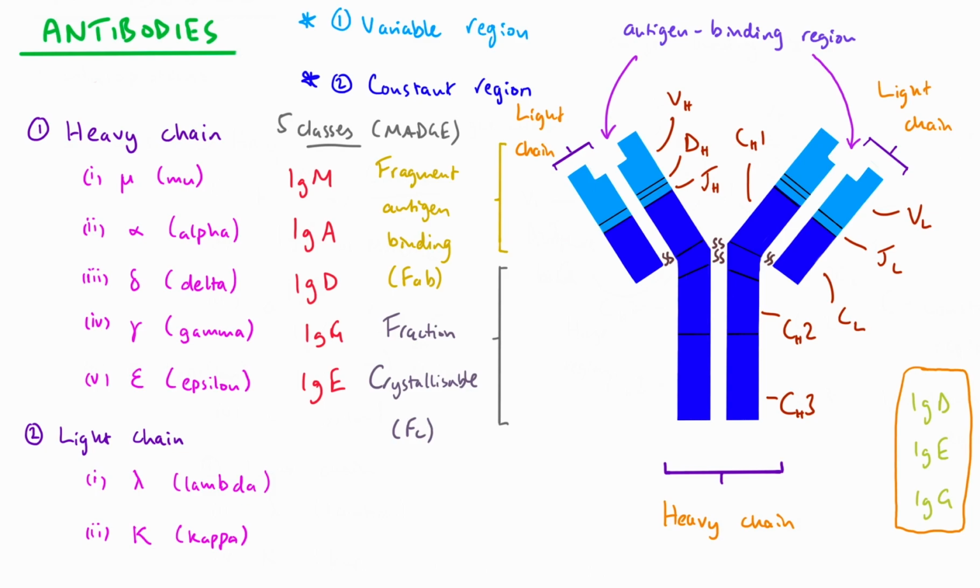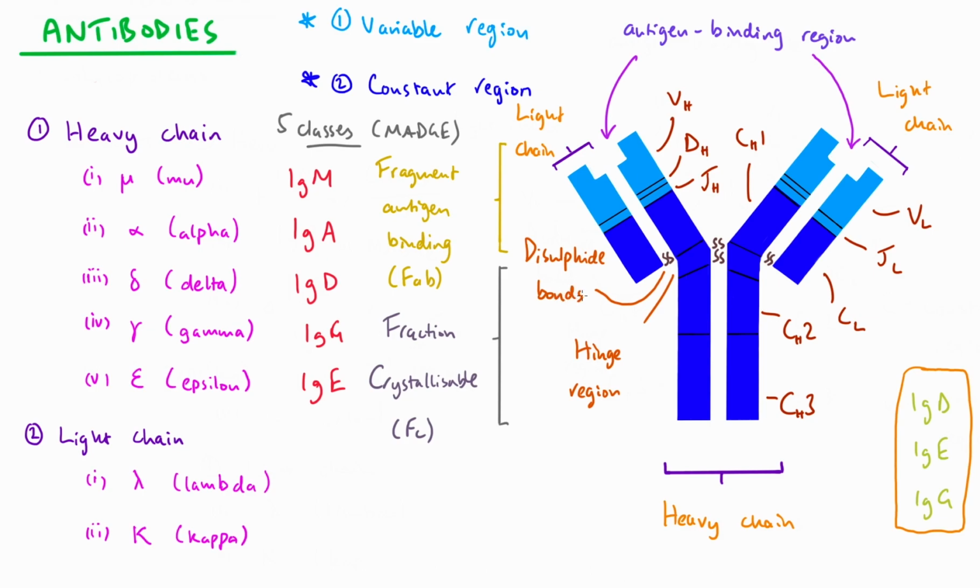But there's one little part that we left out earlier on, and that's this part here, which is the hinge region. And as you can see, this is the part of the antibody which forms a Y shape. It's where the antibody actually bends. And as part of the hinge region, you'll notice small S's in the middle. And we'll just draw an arrow and label these. These are disulphide bonds.